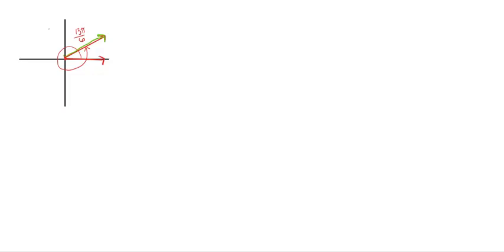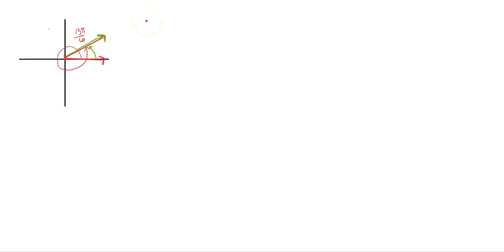Same thing here. So I can either find a coterminal angle that opens up just a little bit, or I can find a coterminal angle that goes around one more rotation. Well, if it goes around one more rotation, I would be adding 2 pi. But in this case, I want to do this smaller angle here. I want to know what it is when it's within 2 pi, between 0 and 2 pi radian.